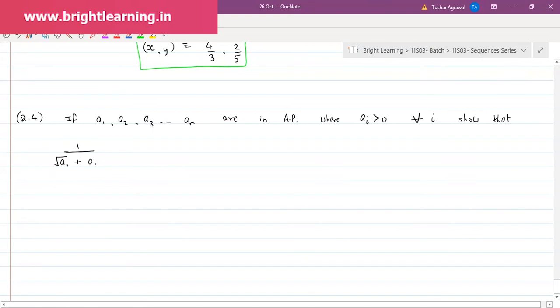1 upon under root a1 plus under root a2, addition 1 upon under root a2 plus under root a3, plus 1 upon under root a3 plus under root a4, and so on up to 1 upon, the last is under root an, and just the previous is under root an minus 1.